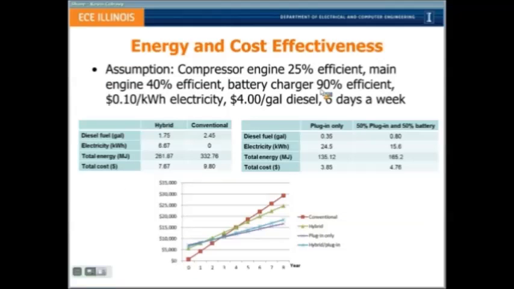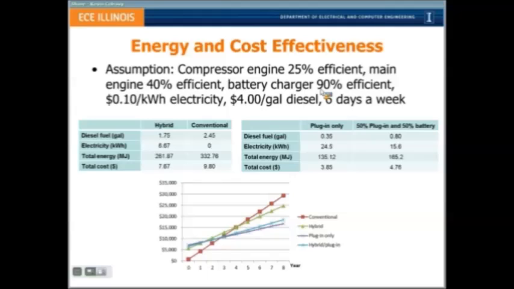With that, our goal is to eventually see if it's really better to convert to hybrid or plug-in options. So we did some preliminary analysis. We have these assumptions, and each topology gives me a different energy cost.